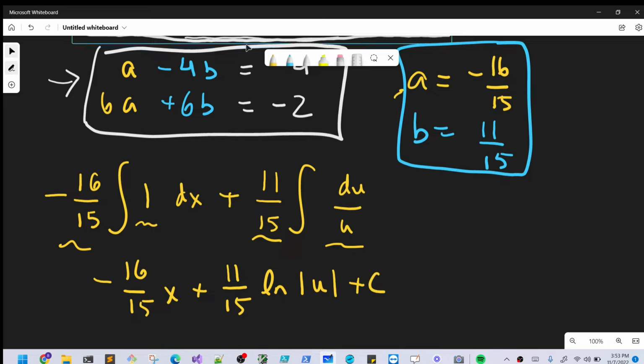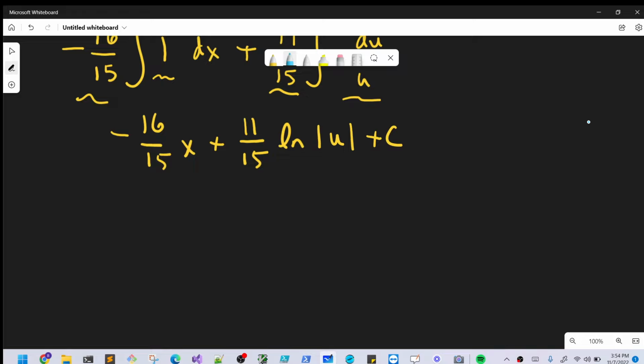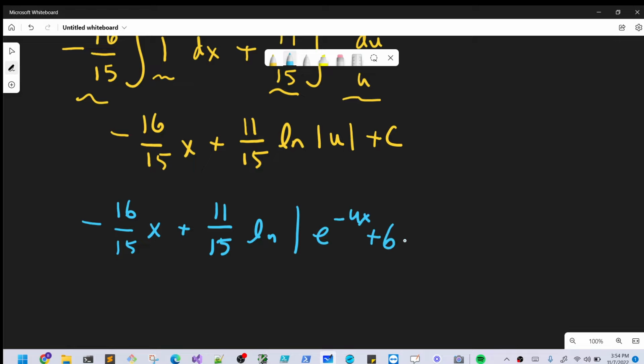And then we just need to go back and see what our u value was. This piece right here. Then our final solution is going to be minus 16 over 15 x plus 11 over 15 ln absolute value of e to the minus 4x plus 6e to the x plus c. And we're done.